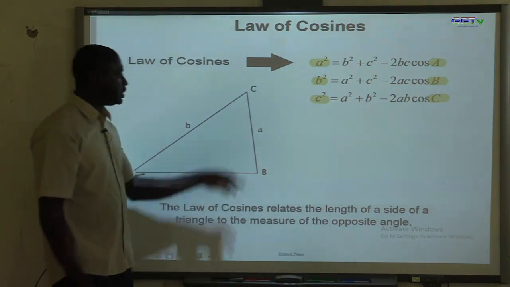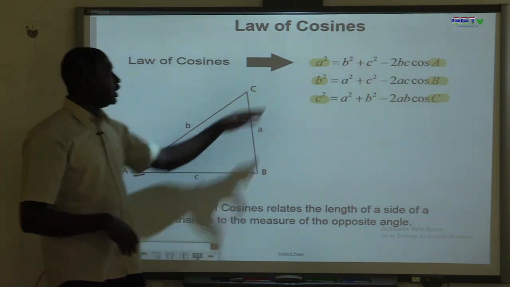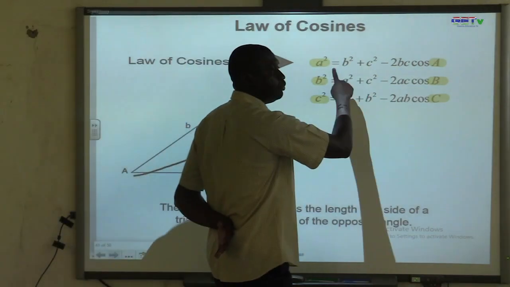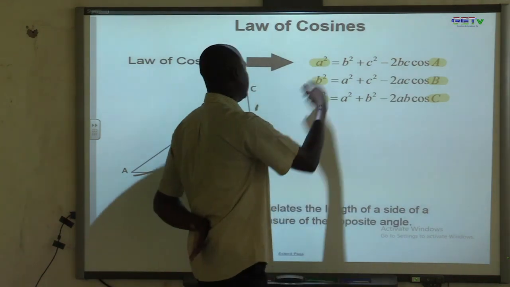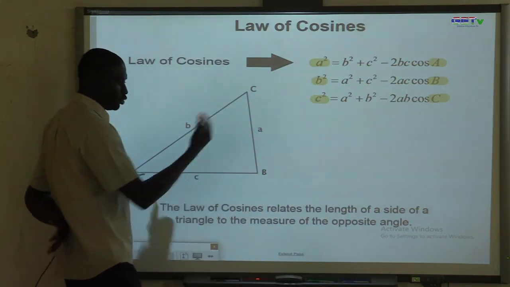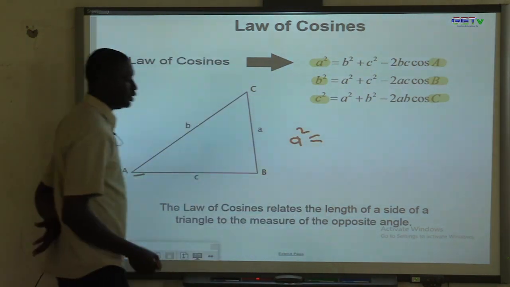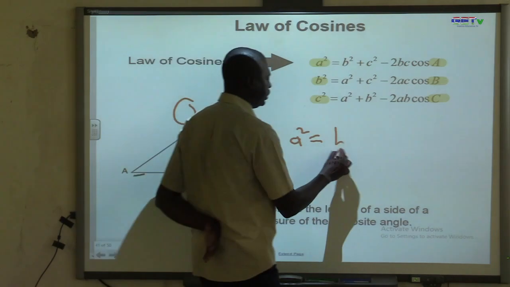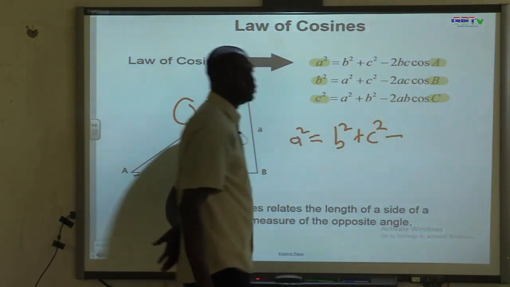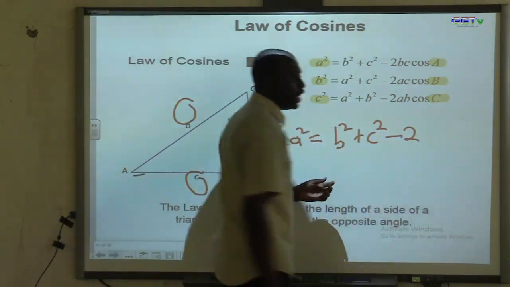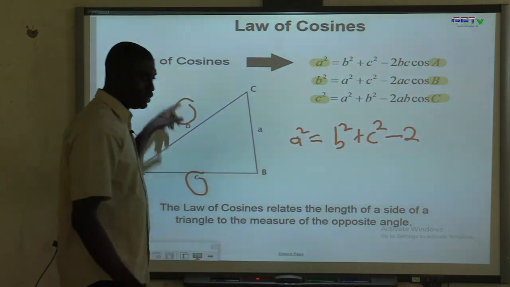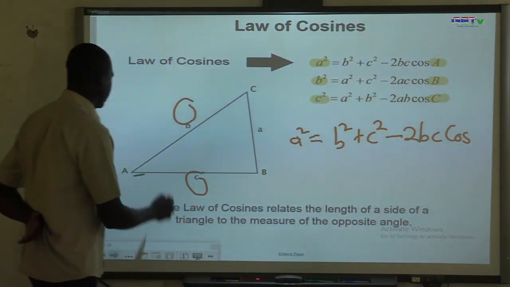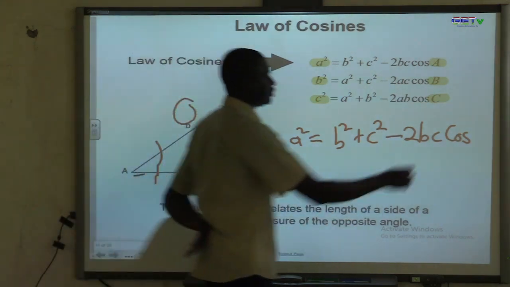If you are to find the missing side a, the cosine rule states that a squared is equal to b squared plus c squared minus 2 times the two sides, bc, times cos of the angle A, this angle A there.